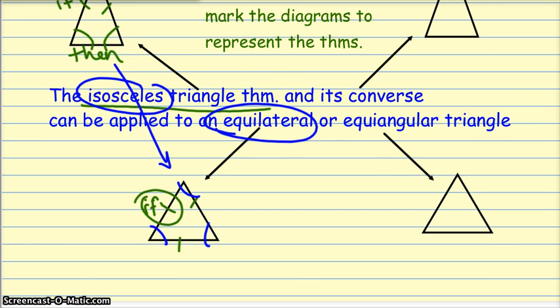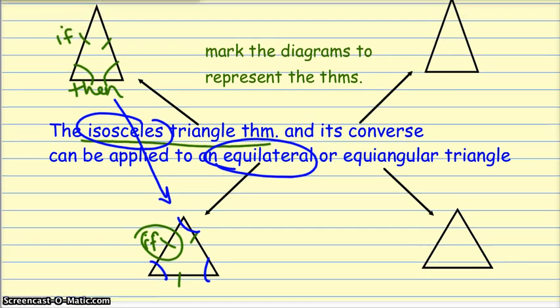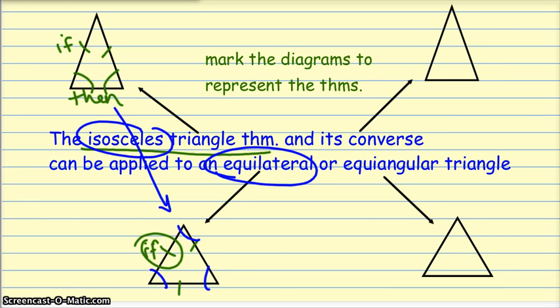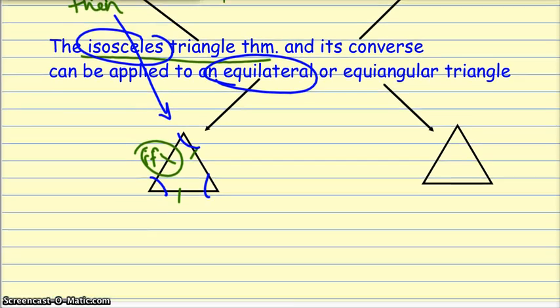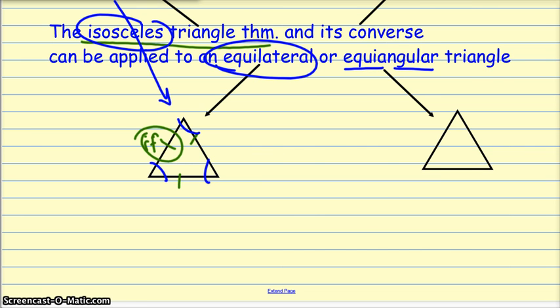Same thing goes for the converse of the isosceles triangle theorem. It said that if you knew the angles were congruent, then we knew that the sides were congruent. Same thing can be true for an equiangular triangle. If you know that all of the angles are congruent, then you can recognize that the sides are congruent.